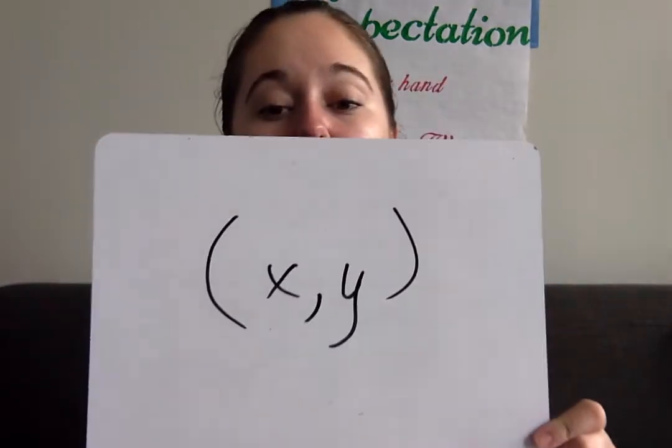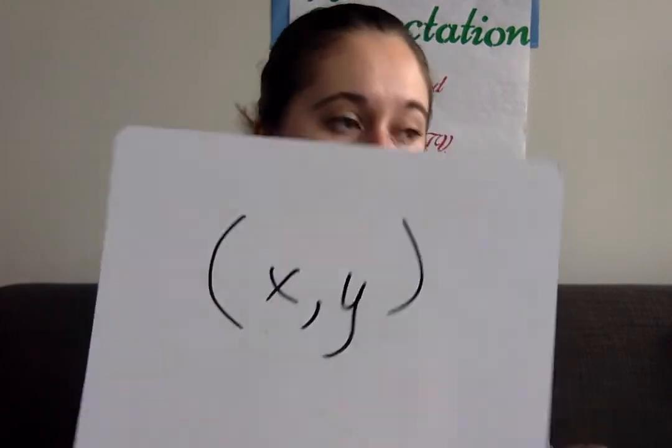And then right after you're done with that, you also are going to do an exit ticket, because I want to make sure you really truly understand how this works, knowing that when you get coordinates, it's always going to be x, comma, y. Every single time it's going to be x, comma, y. Keeping it in alphabetical order helps it stay a lot more organized and easy to work with.